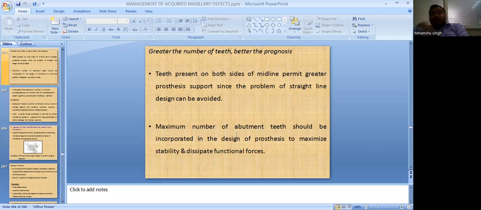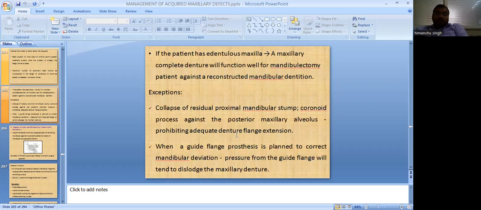Teeth present on both sides of midline permit greater prosthesis support since the problem of straight line design can be avoided. Maximum number of abutment teeth should be incorporated in the design of prosthesis to maximize stability and dissipate functional forces. If the patient has edentulous maxilla, a maxillary complete denture will function well for mandibulectomy patients against a reconstructed mandibular dentition.